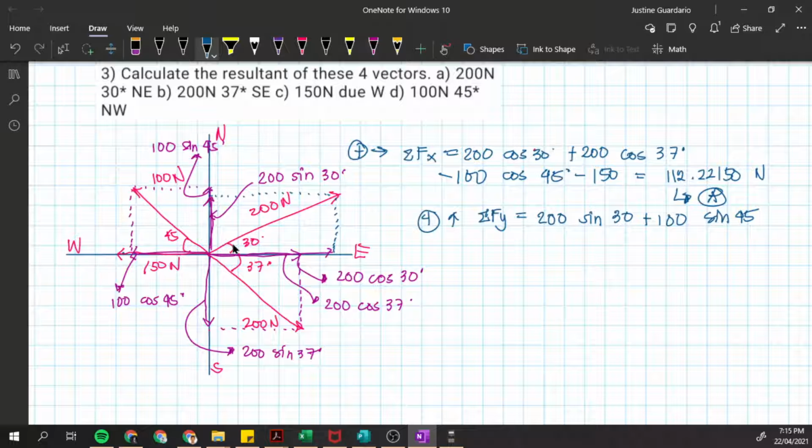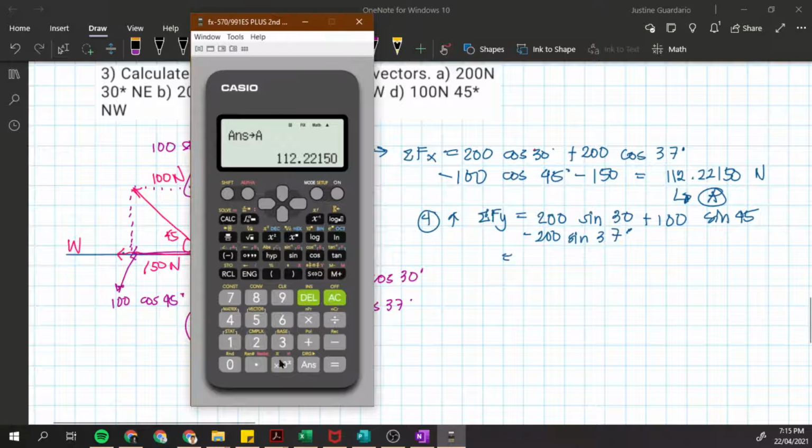Tapos, itong nasa baba, going down, we have here 200 minus 200 sine 37. So, wala na. Yan lang po yung mga vectors natin sa ating y-axis. Then, we find the summation of that one. We have here 200 sine 30, then 100 sine 45 minus 200 sine 37.